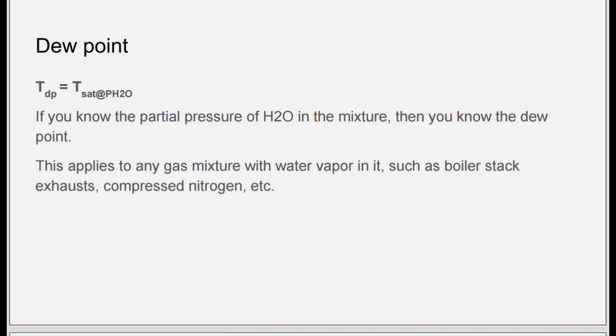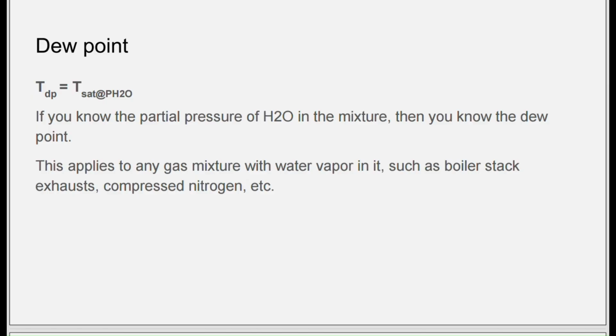Generally, when you've got boiler stack products of combustion, and this will depend on the exact components of the flue gas, your water vapor is going to be something like 16 to 18% by mole, which means the partial pressure of water vapor in those products of combustion is going to be something like 2.5 to 2.6 psi absolute.